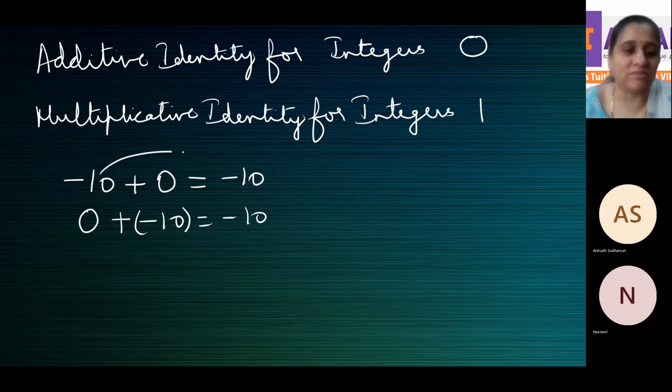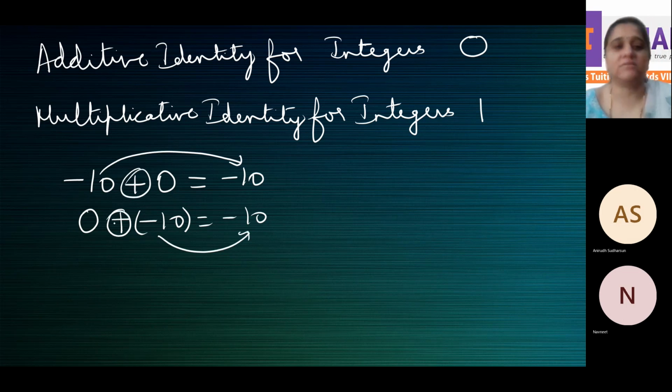So you get the same answer, the identical answer on adding. I told you identity means identical, same answer. And for addition, additive identity means on adding, when do you get the same answer? When you add 0. So 0 is called the additive identity for integers.